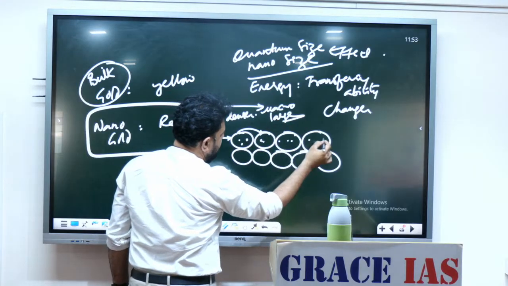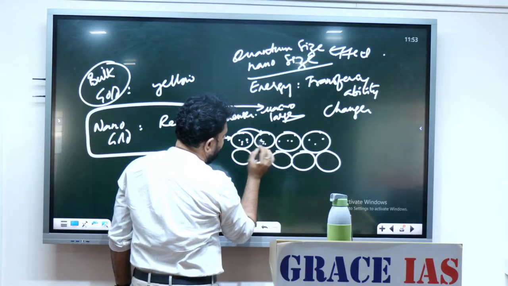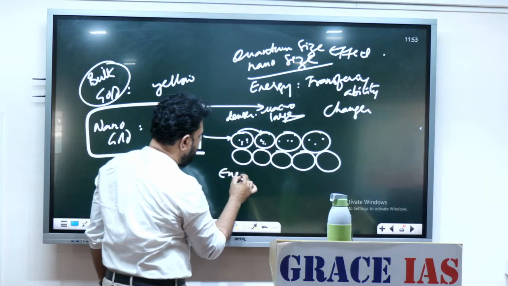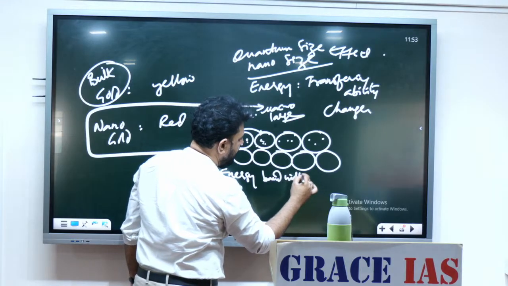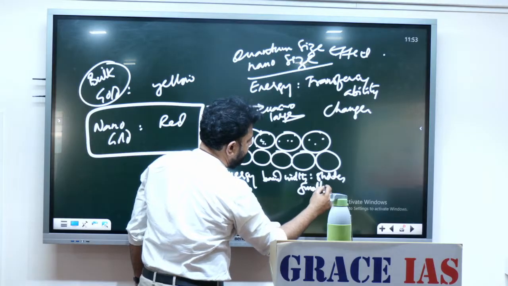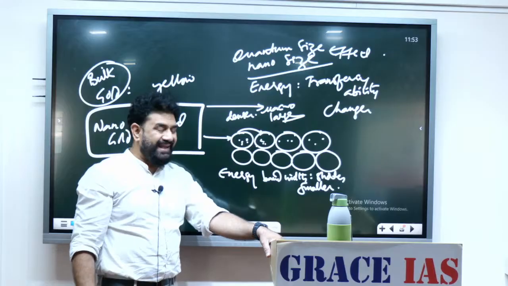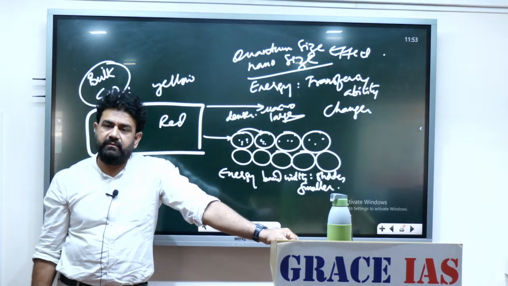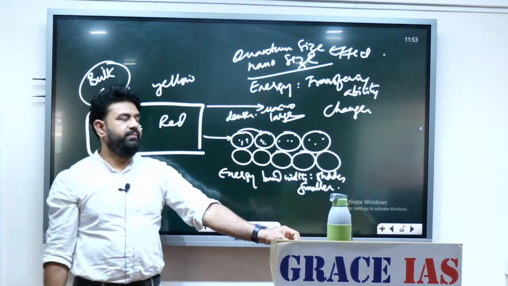Because particles are next to each other, the energy bandwidth between each atom, each molecule is smaller. So the amount of energy possessed and transferred by each atom is lesser. You will understand this.